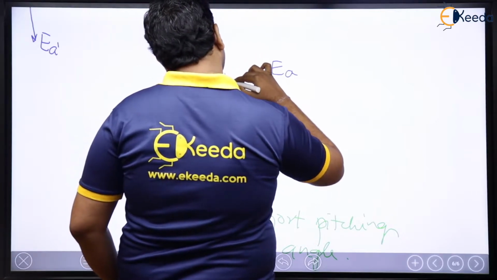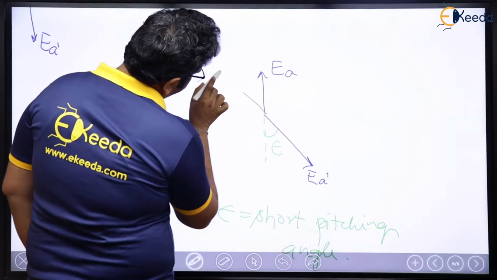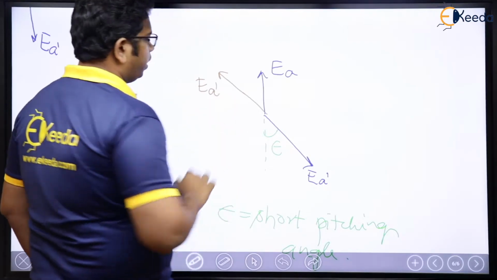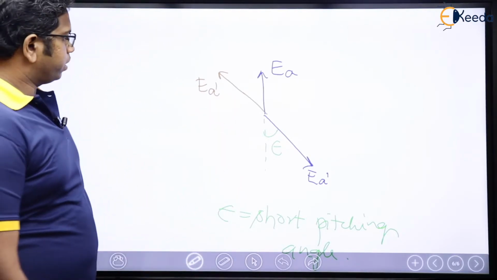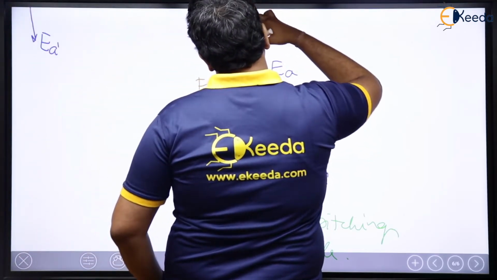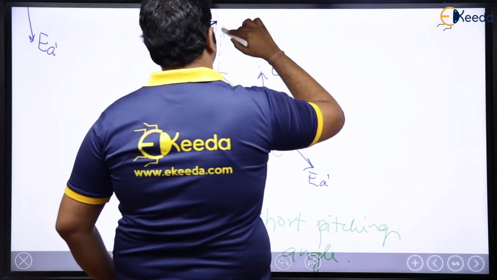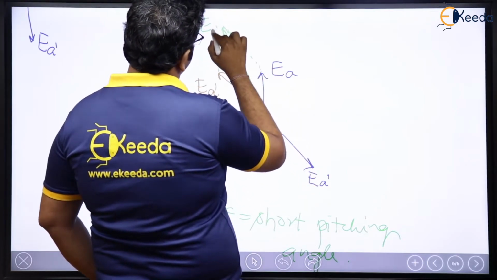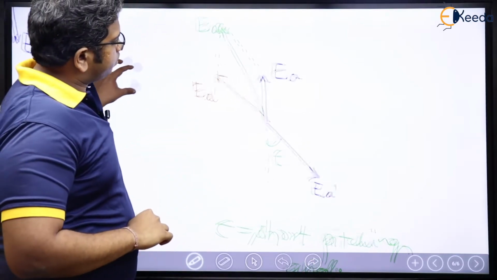So this is going to become EA dash. Now if we add them, what is going to happen? Parallelogram law of addition. So this is going to be EA dash.